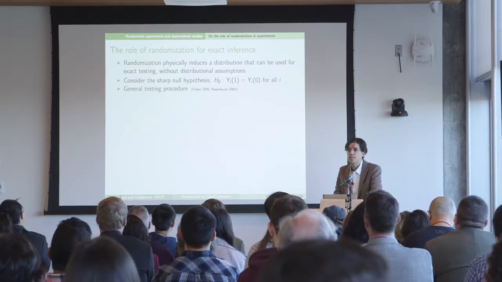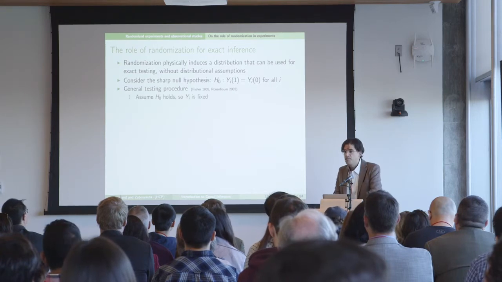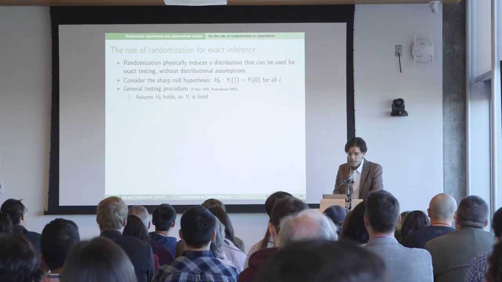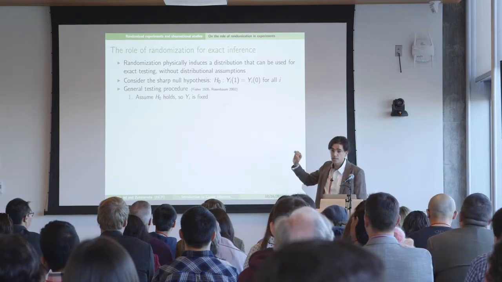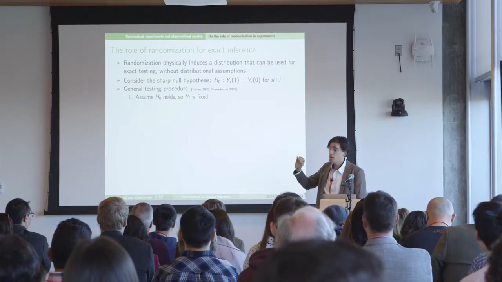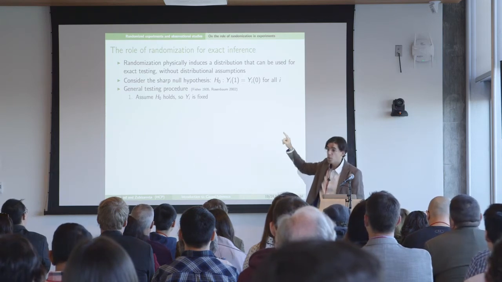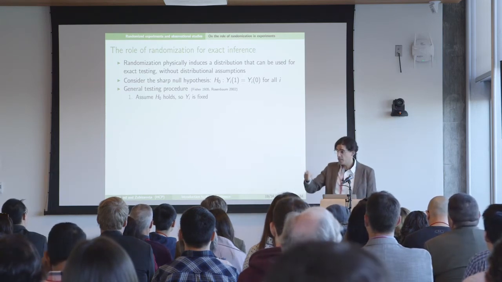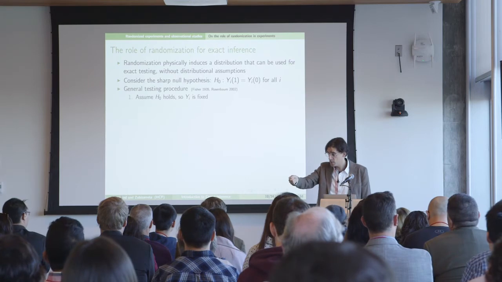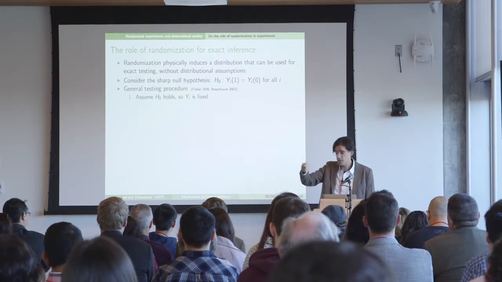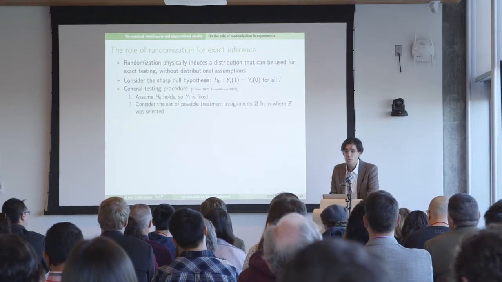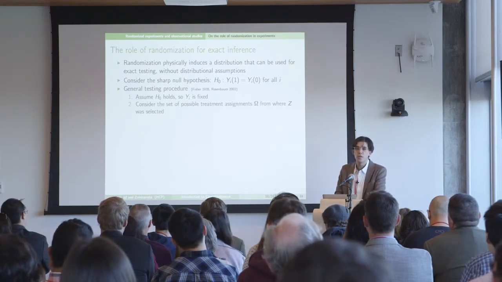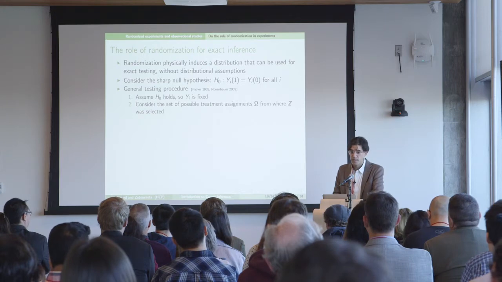What is the testing procedure here? Well, the recipe goes as follows. First, we're going to assume that H naught, the null hypothesis, holds. If it holds, if there's no effect, the observed outcomes are fixed, right? If you're treated, I'm going to see the same outcome as if you're control, right? Treatment is doing nothing. Second, we're going to consider all the possible random assignments, omega.